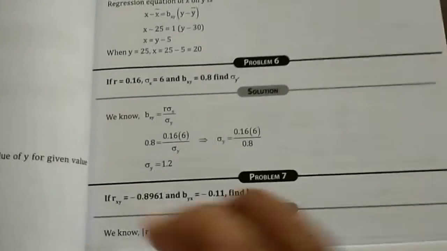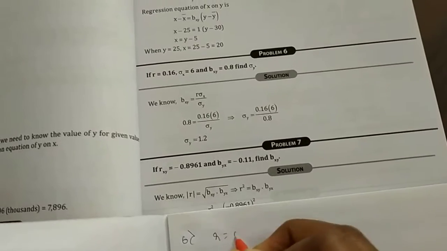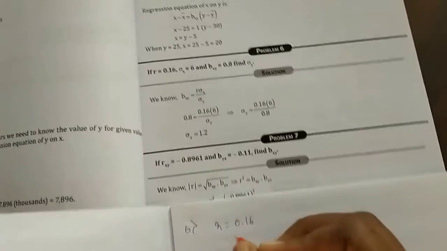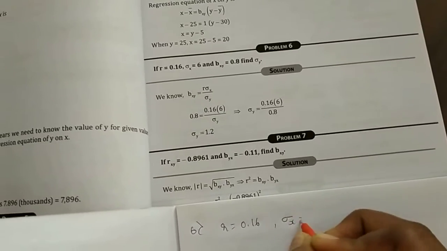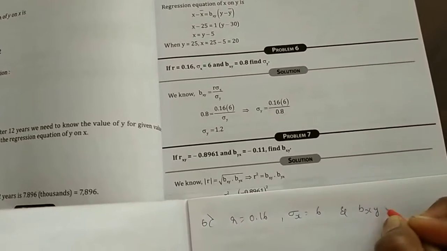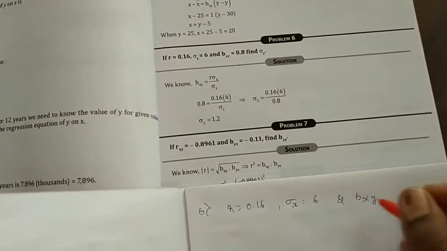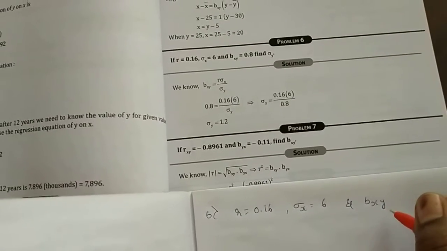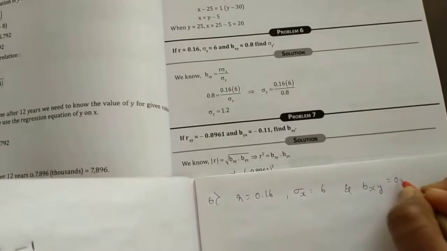Next question: here they gave r is equal to 0.16. R is Karl Pearson's coefficient of correlation. Also they gave the standard deviation of x is 6, and bxy, the regression coefficient of x on y, is equal to 0.8.